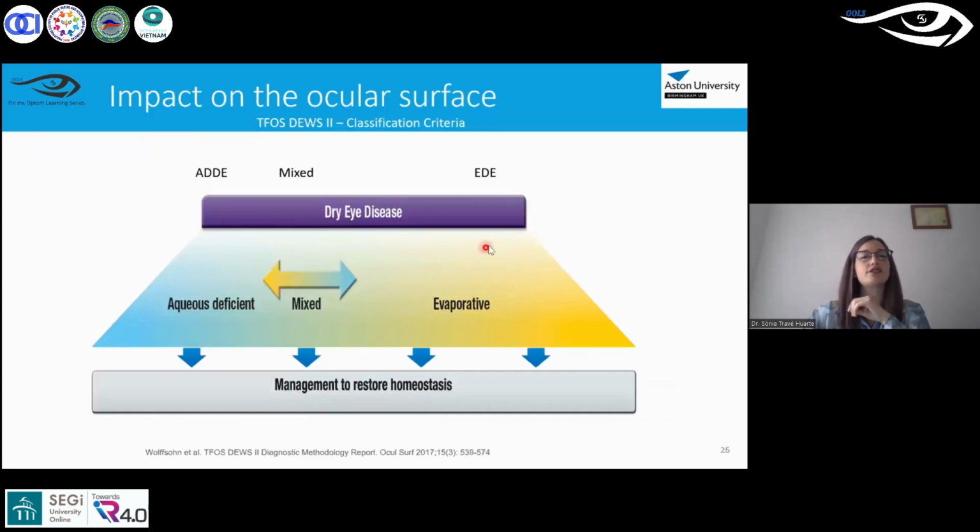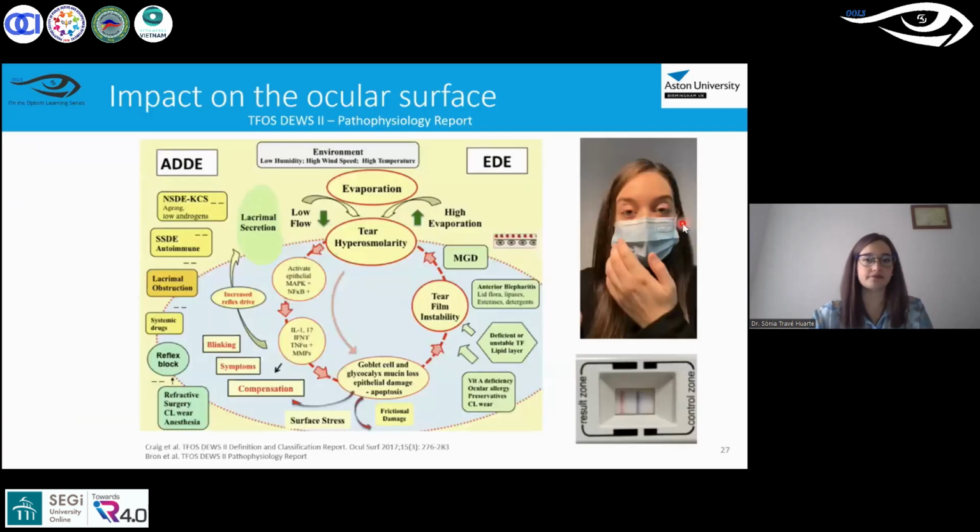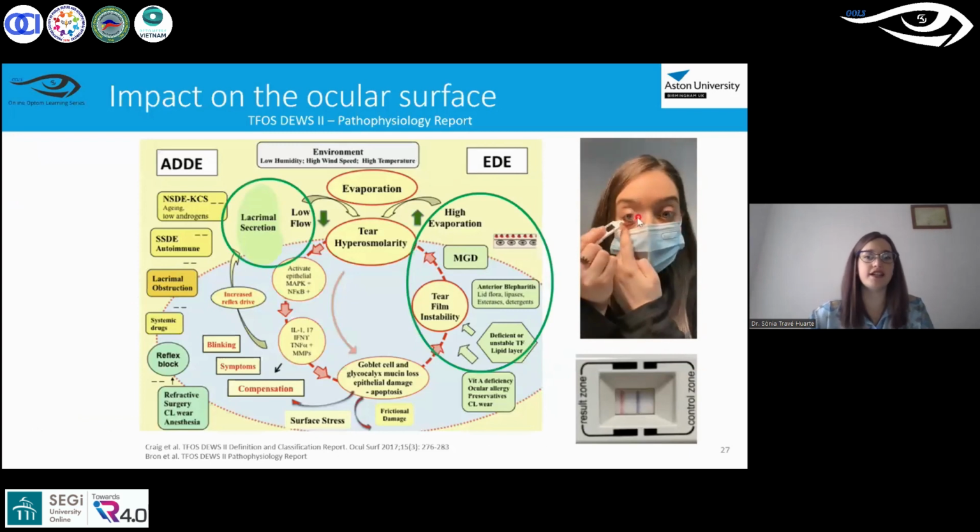But now looking into the evaporative dry eye versus aqueous deficiency dry eye, that's from TFOS DEWS II. So once we've diagnosed everything in terms of the dry eye disease, that's when we can subclassify where that fits. So we'll look into the evaporative dry eye. In here, what we know is that both types of dry eye have an inflammatory component.